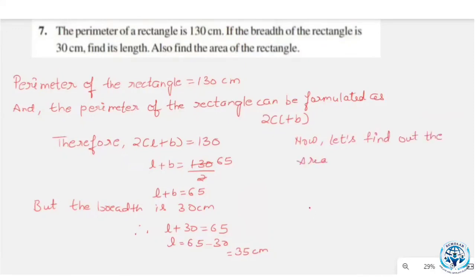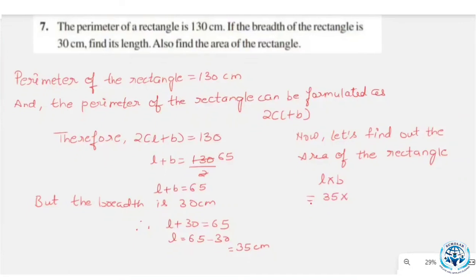Now let's find out the area of the rectangle, which is given by the formula length into breadth. 35 into 30 is equal to 1050 centimeter square.